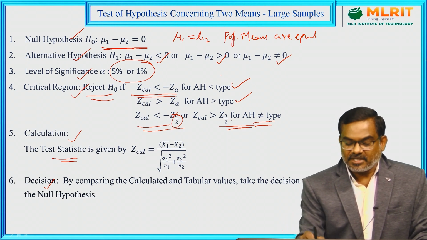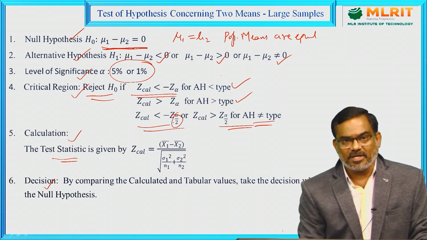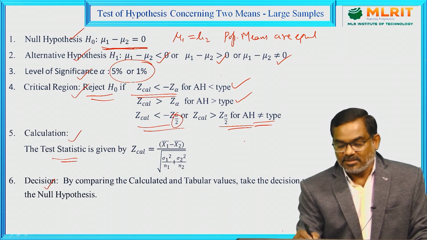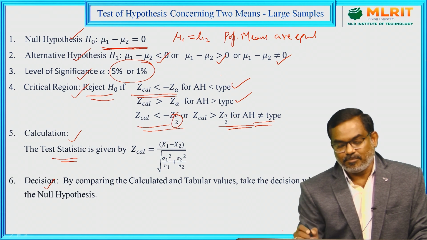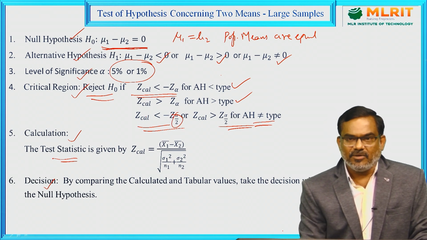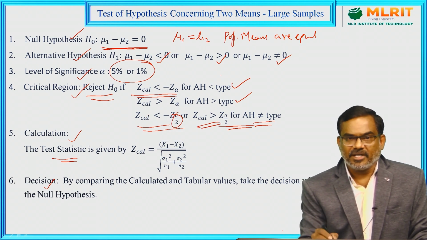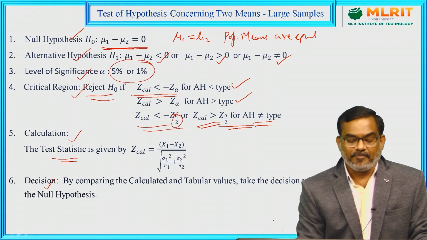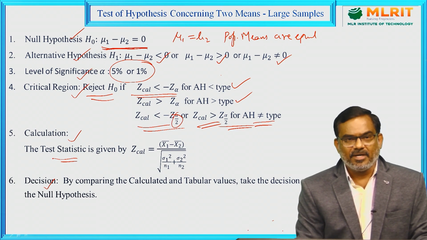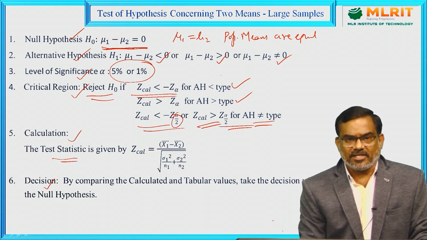So reject H naught if Z calculated is less than the negative value of Z alpha by 2, or Z calculated is greater than the positive value of Z alpha by 2. Depending on the calculated value, if it is positive, check with the positive condition; if it is negative, check with the negative condition. Now, coming to the fifth step, calculation. Here we consider the test statistic.